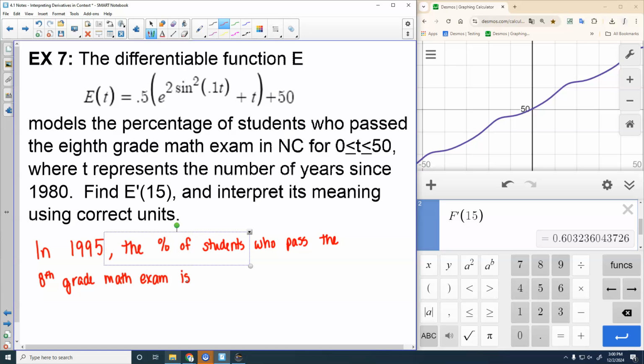Do we have to put NMC? Probably not on this one. It wouldn't hurt, but if this is the FRQ question, no, they wouldn't count off for that. Now, if they had a problem where you're comparing North Carolina and Georgia, and there's two equations, definitely so. But if it's the only equation, I think it'll be fine, like this. But it wouldn't hurt to put it. Are we increasing or decreasing? Increasing.